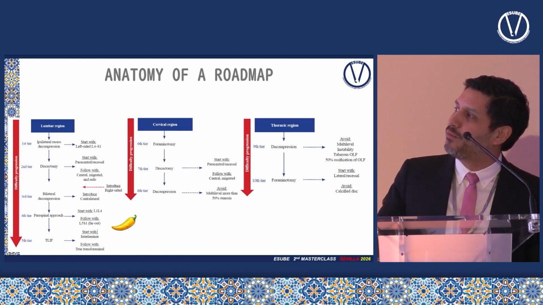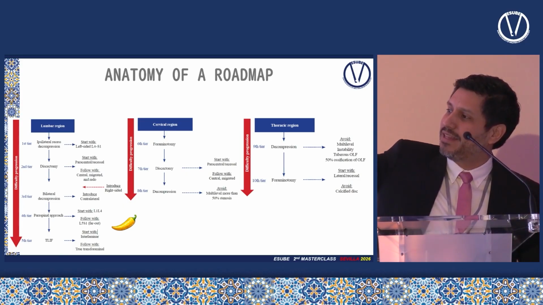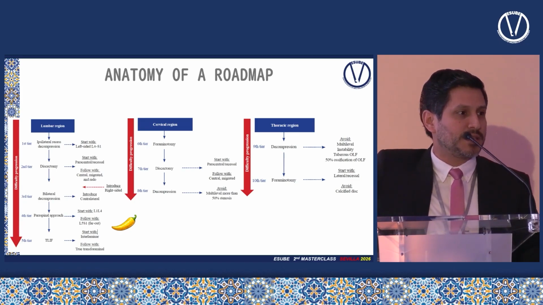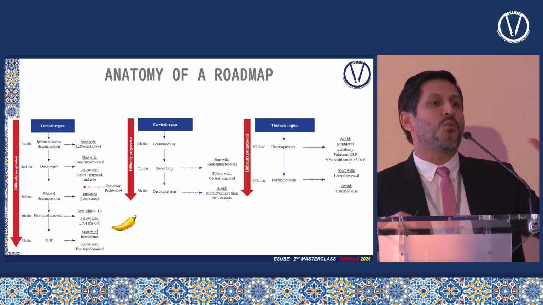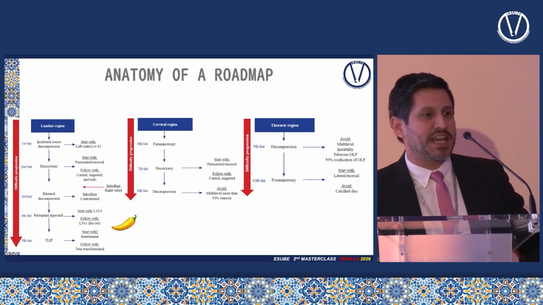So this is the anatomy that we propose. We can talk about this during the course, but I think that in the lumbar region, the most basic procedure is the lateral recess stenosis decompression. Now, of course, when we operate, we don't do just one procedure, right? We do a combination. We do decompression, we do disc herniation and whatnot.